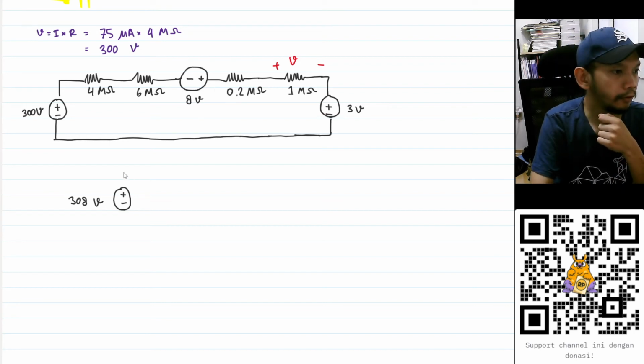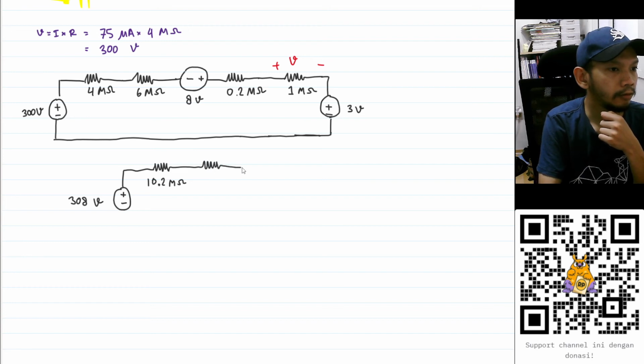We'll have 10.2 mega ohm, and then that will be 1 mega ohm, and I will have this here as 3 volt.